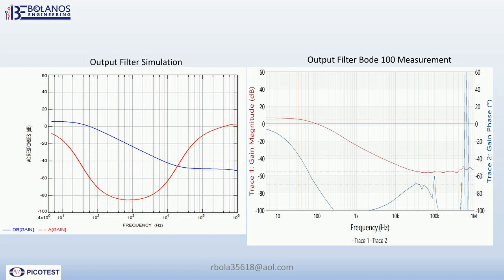And then we can look at the output filter simulation and the measurement. Again, it looks similar. There's a little bit of disagreement at the higher frequencies, but as long as we're past the crossover frequency, that should be fine.